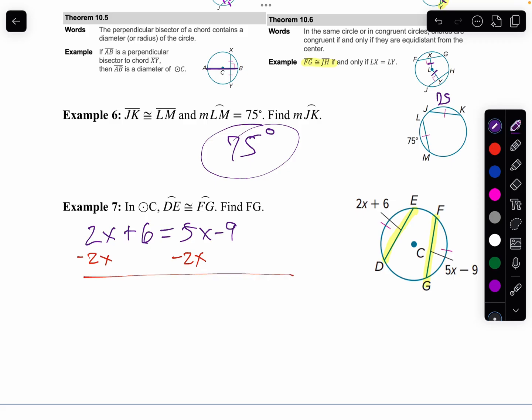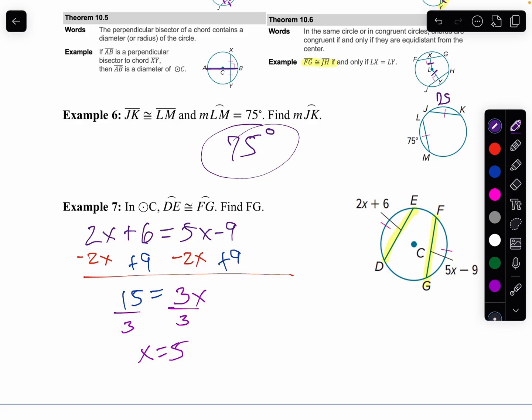And then 5x minus 2x is 3x, well, let's add 9 to both sides. 15 equals 3x. So then we'll divide both sides by 3. X is 5.